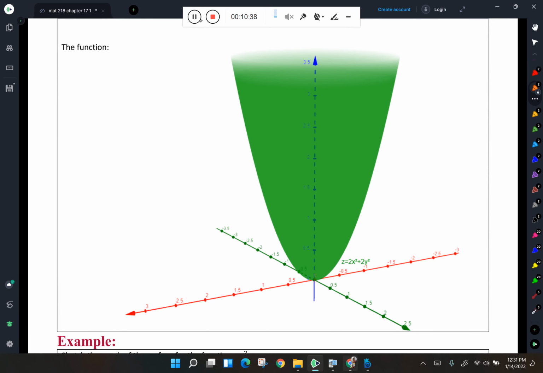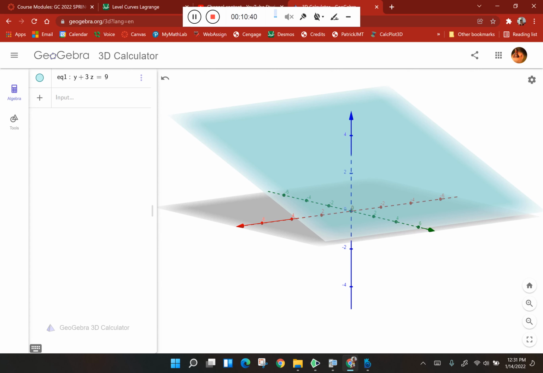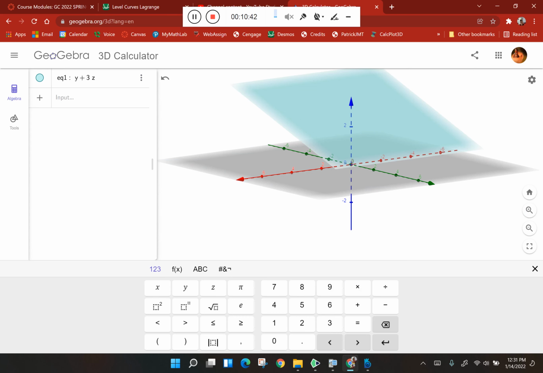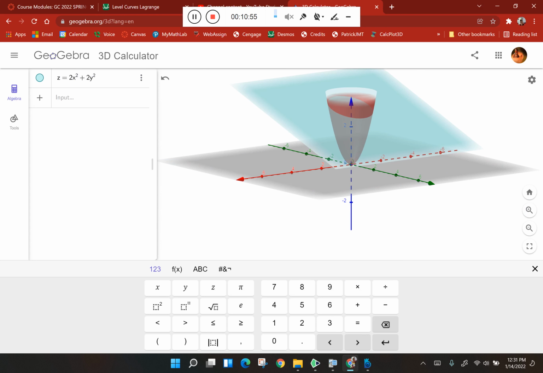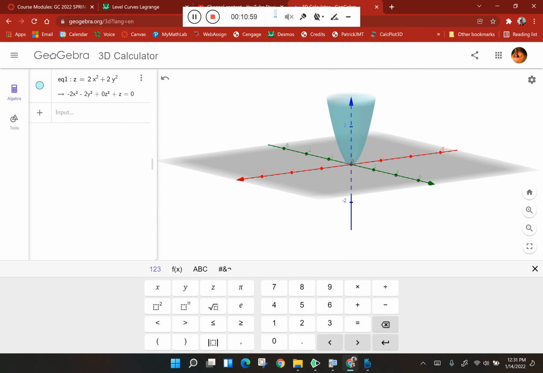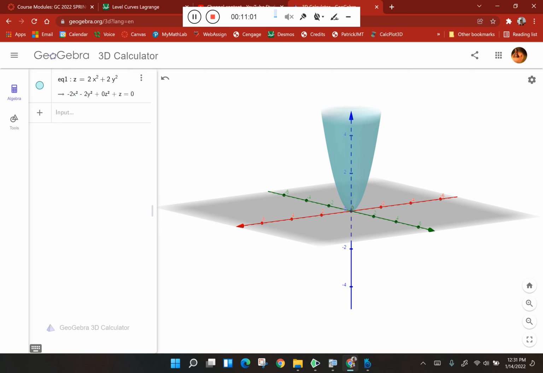So let's go over to that website I was using and let's put this thing in. It was z equals 2x squared plus 2y squared, and there's my shape. So let's make that go away. Let's make this bigger.